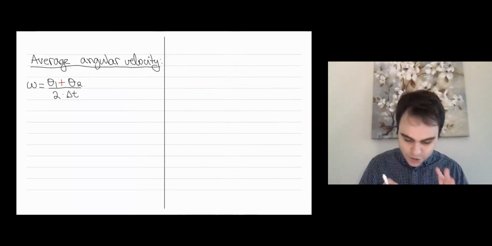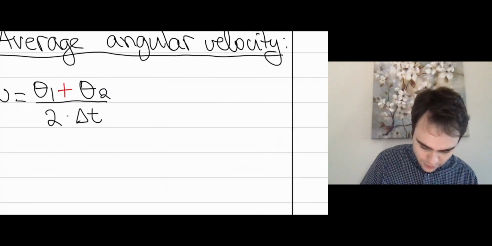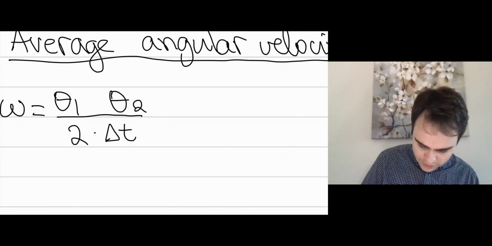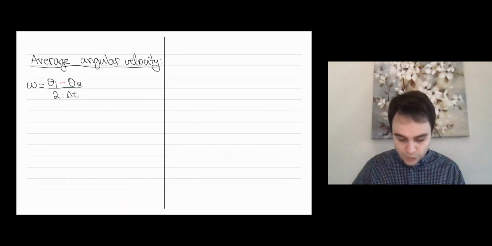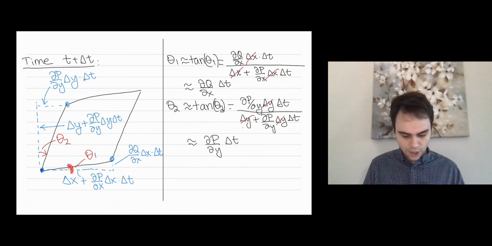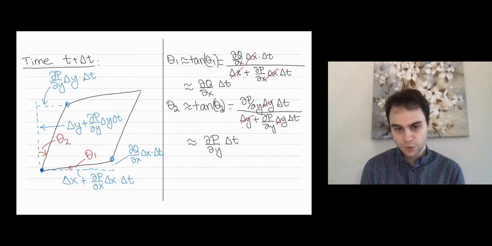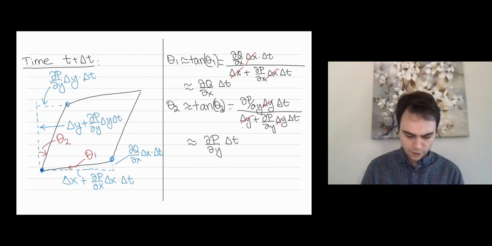Now, this is not really the right formula. We should actually have a minus sign here where I wrote plus to compute the average. The reason being, these two angles are measured with different conventions, right? So if I want to put them together and compute their average, we have to use a single convention.